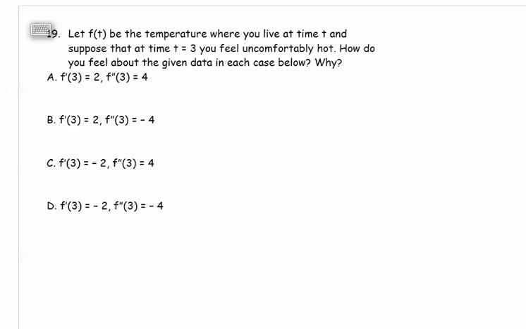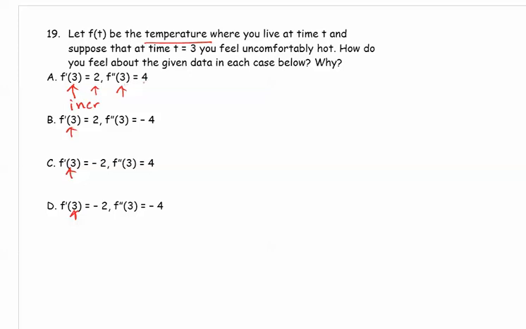And this question is getting at concavity and how it impacts things. So if we're talking about temperature at time 3, so notice our x-coordinates here are all at time 3 in our first derivative and in our second derivative. So think what we know at time 3, if the first derivative of the temperature is positive, the temperature is increasing.